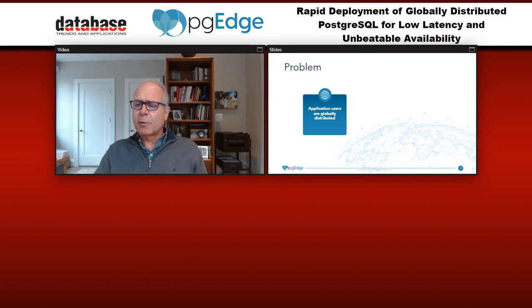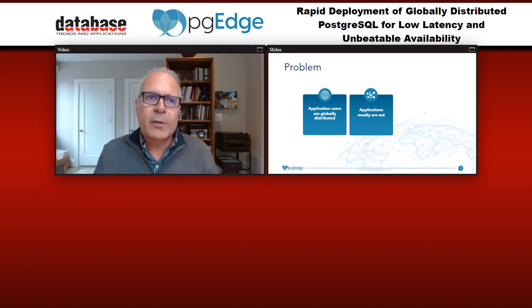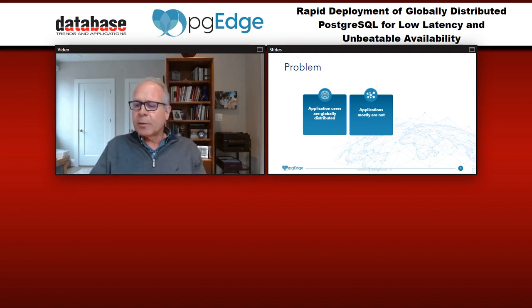So your users can be distributed, but your applications mostly are not. Your applications might be in the cloud, but typically, almost always, they're going to be deployed in a single cloud region. And they're kind of tied to that one region. Not too many applications are actually architected to be multi-region.